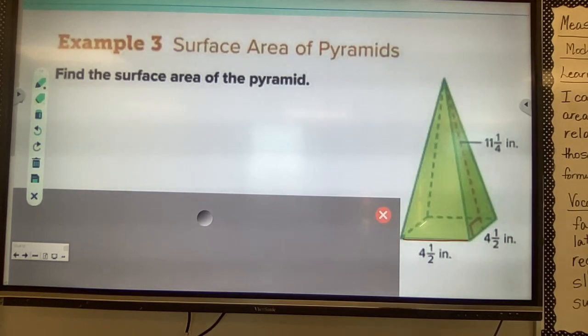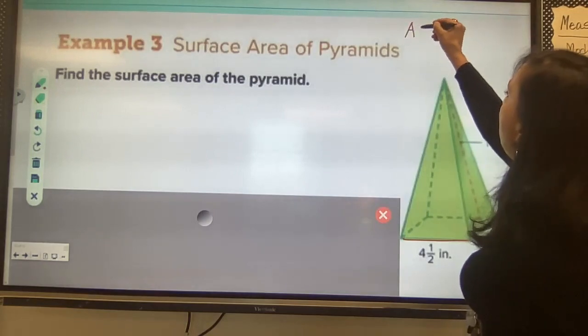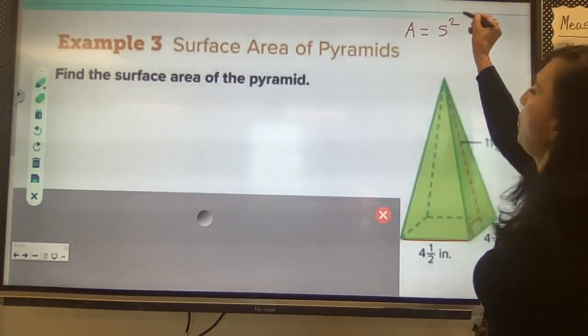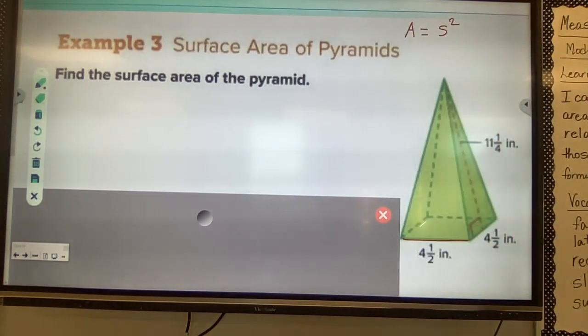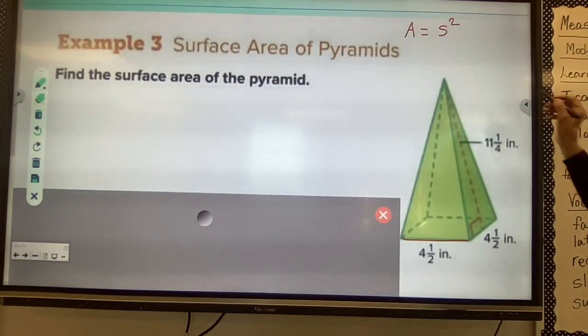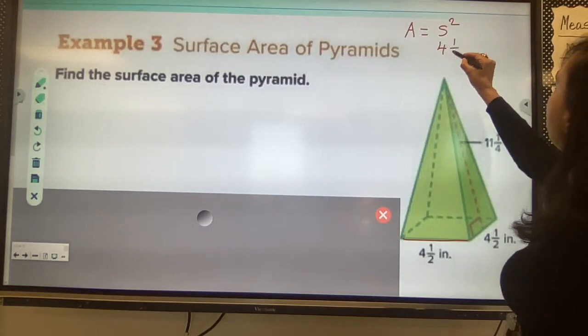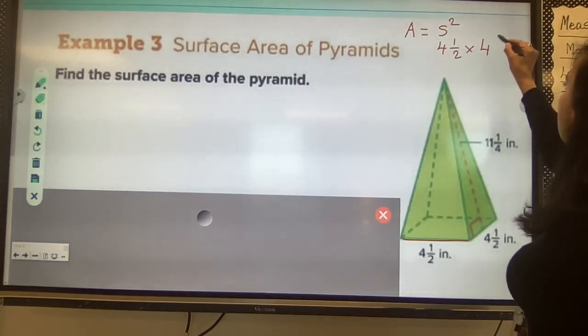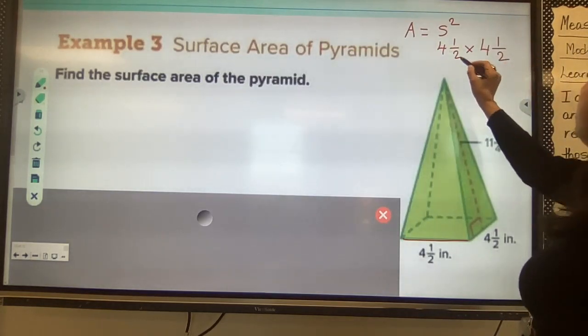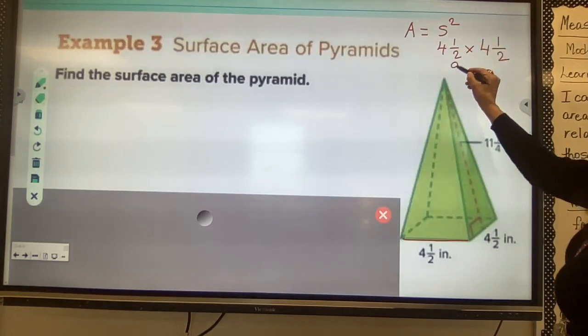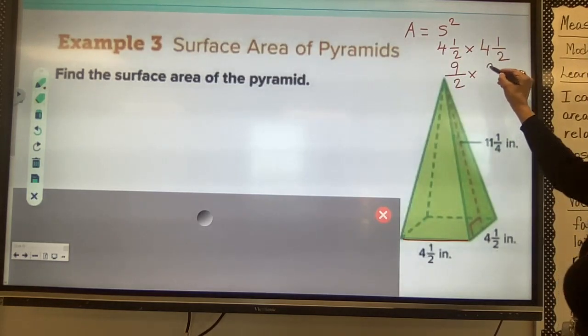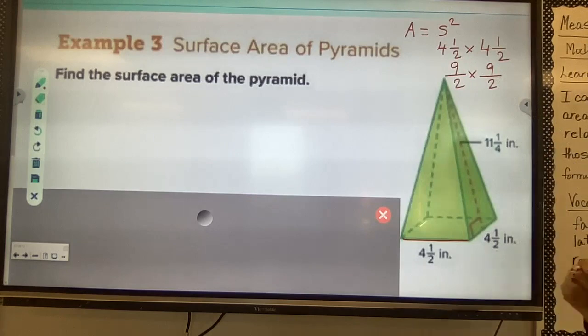What is the area of a square? The area of a square is side squared. So if I do 4.5 times 4.5, this is 2 times 4 is 8 plus 1, which is 9/2 times 9/2.